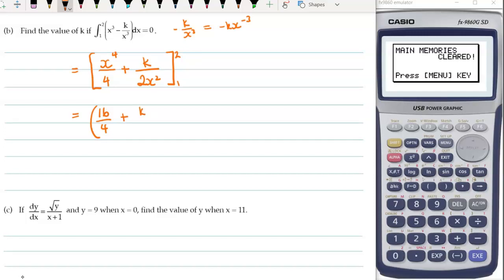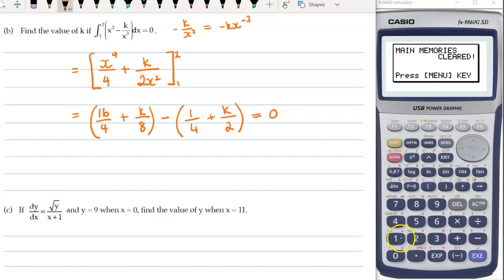So this will be k over x squared is 4, so then times it by 2, we have 8. Okay, putting in a 1, 1 to the 4 is 1, and k over 2 times 1, so just k over 2. And we're told that that equals 0.